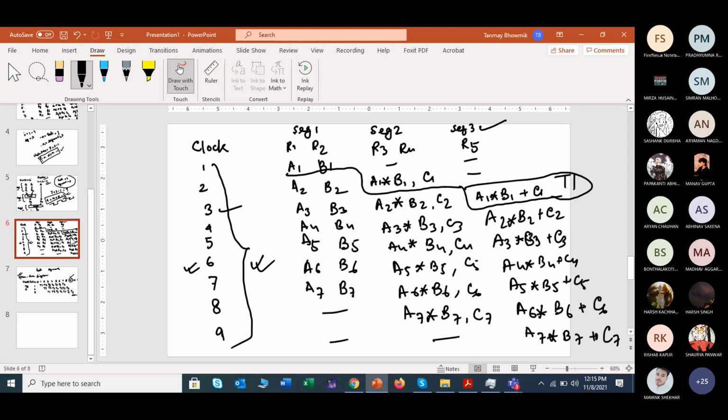As I am saying several times, when you start with the first one, that means when i equals 1, you start by storing the A1 and B1 values into R1 and R2, and only then can you complete everything. That means you have multiplied A1 and B1, stored the result A1, B1 into register R3, taken C1 into register R4, and then completed the addition also.